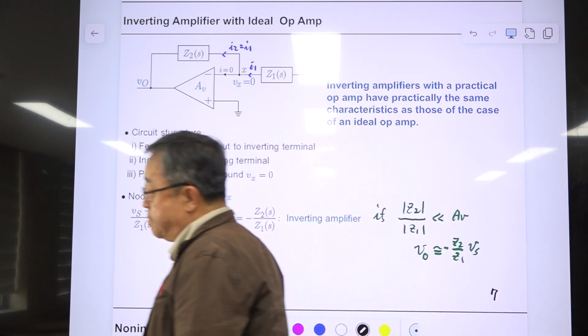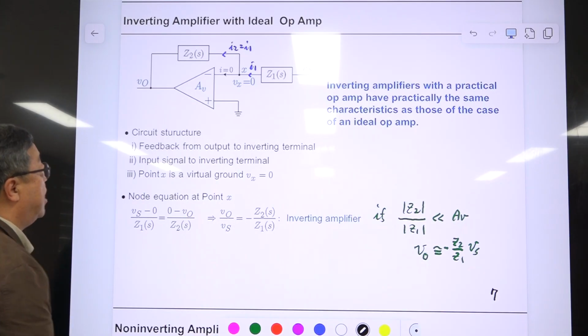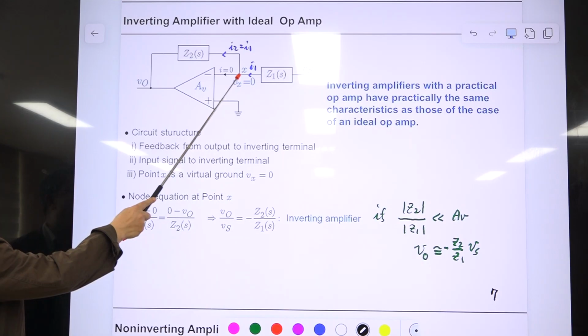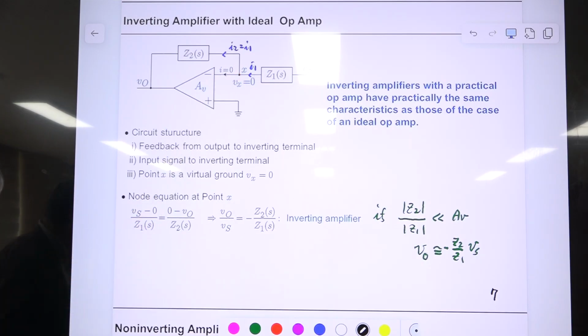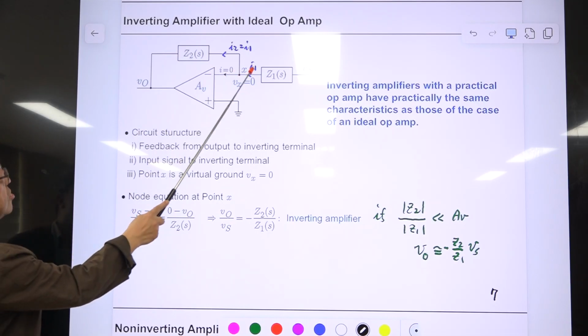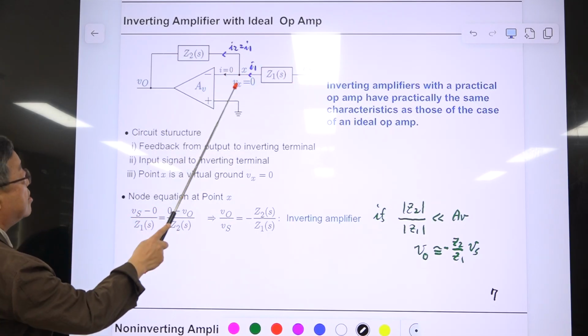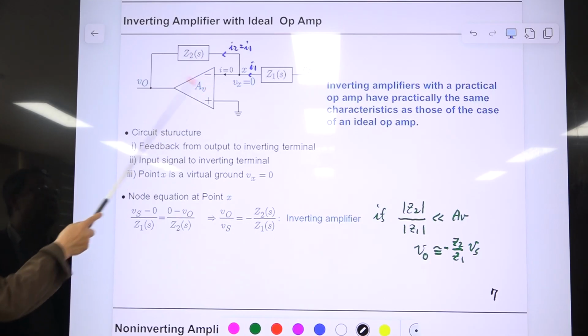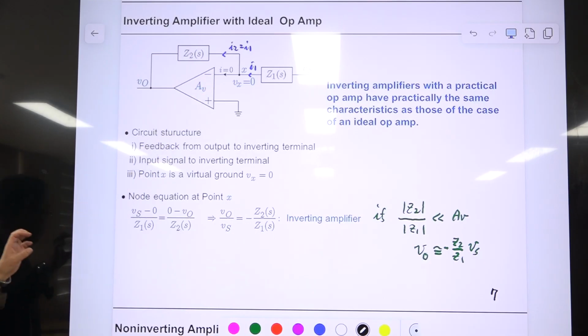For this op-amp application, if you build the node equation at point X, that is the easiest way of analyzing this circuit. I mentioned that earlier. So the node equation at point X: the incoming current is (Vs minus 0) divided by G1S, and I0 is 0 because the input resistance of this amplifier is assumed to be infinity.